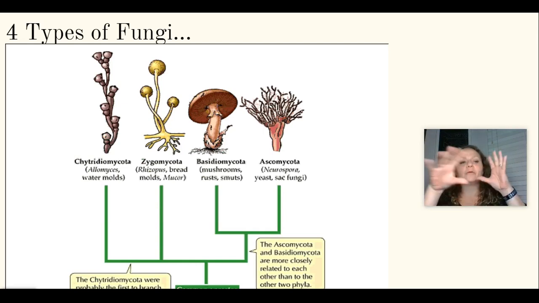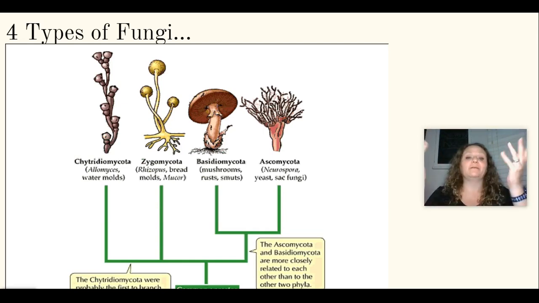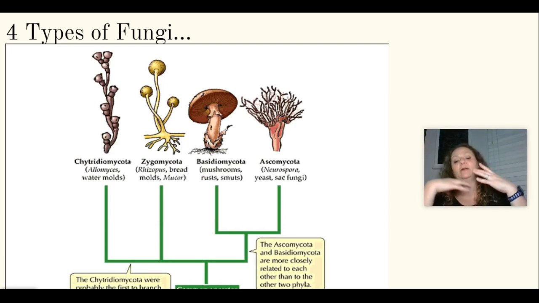Our water molds are definitely different than either the bread molds or the mushroom type of fungus. So just keep in mind that there's this whole plethora of different fungus and fungal shapes that could exist, but we are able to sort of classify them into these four. That's all we have time for right now.